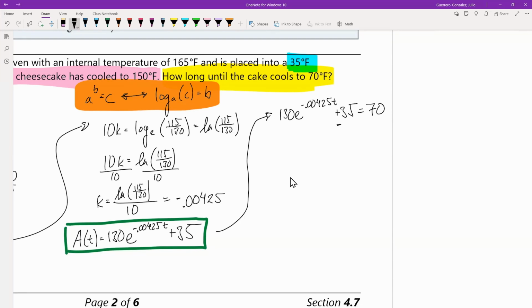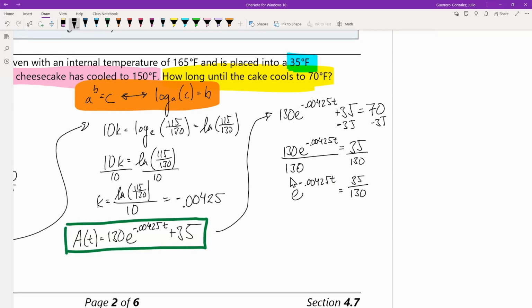So minus 35, minus 35. 130 e to the negative 0.00425 t is equal to 35. Divide by 130. e to the negative 0.00425 t is equal to 35 over 130.